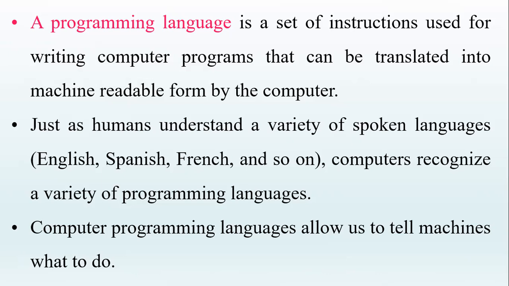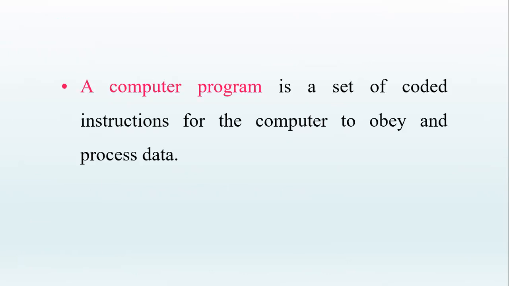Computer programming languages, therefore, allow us to tell machines what to do and how to do it. A computer program is therefore said to be a set of coded instructions for the computer to obey and process data.